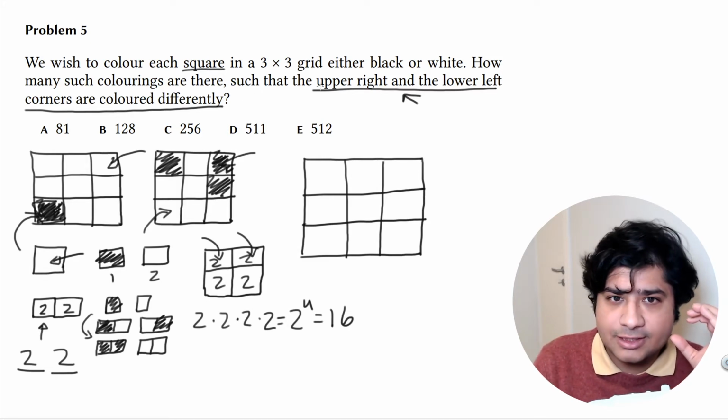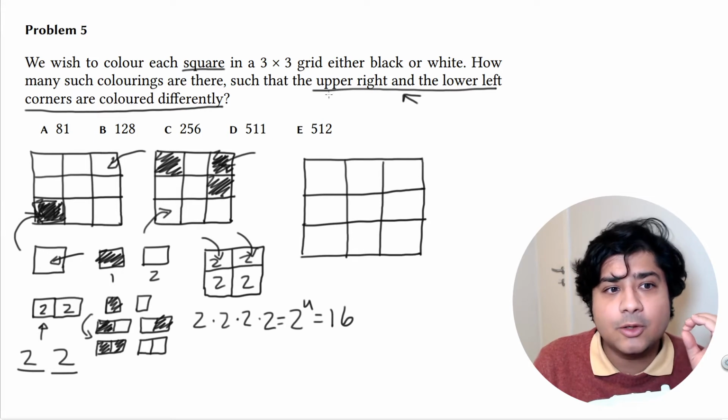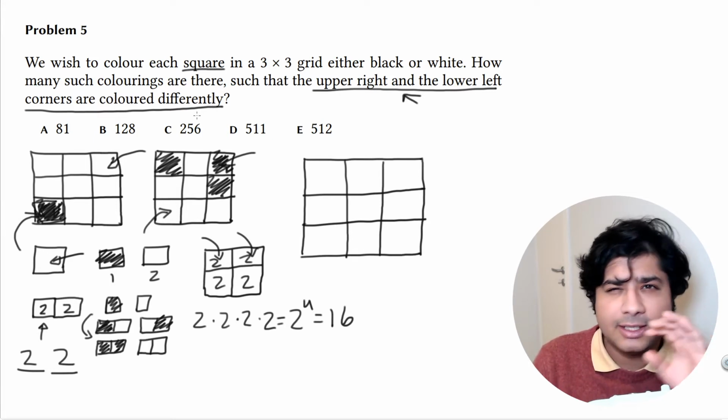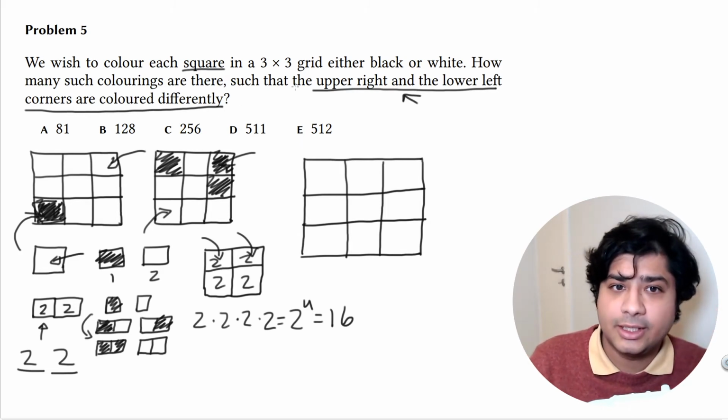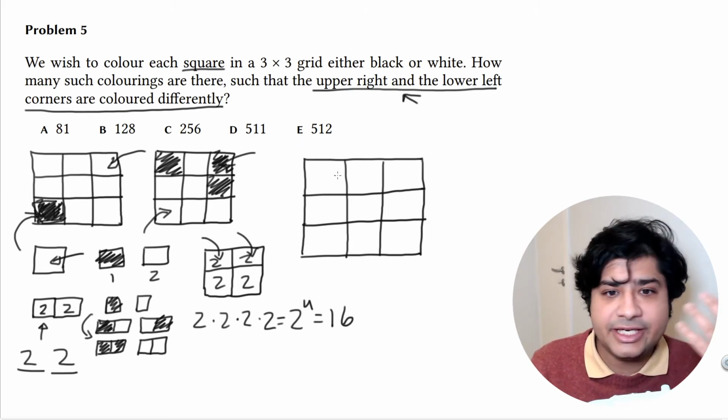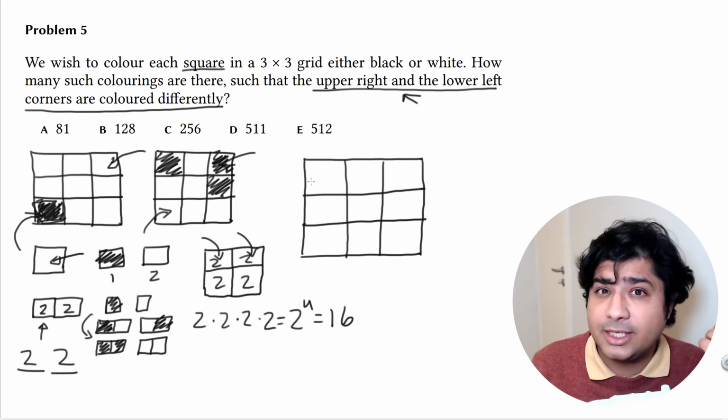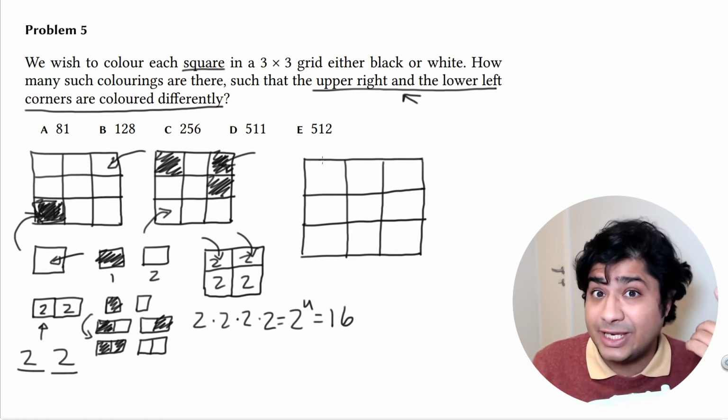We still have this criteria of the upper left and the lower left corners being colored differently. Let's take that away for now and just assume that the problem is asking us, in a 3 times 3 grid, each square can be either black or white. And how many different options are there if that was the case?